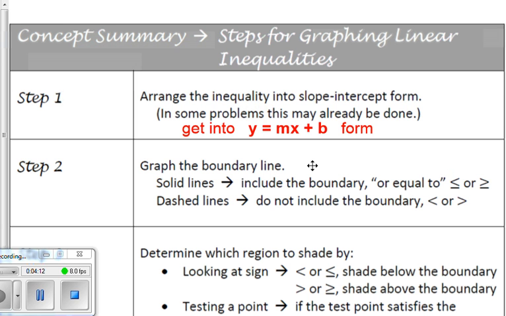So again, we include the boundary line, or we fill it in as a solid line, anytime we have the or equals to, less than or equal to, greater than or equal to. That's when it's going to be a solid line. We make it that dotted, dashed line every time it doesn't have that, so just the less than or the greater than. Those ones are saying we're not including this line, we're saying everything up until that point.